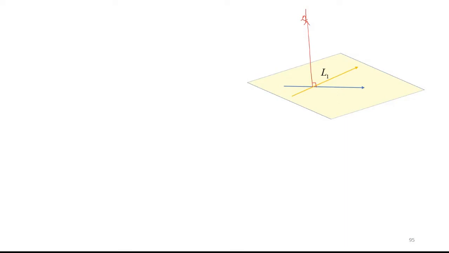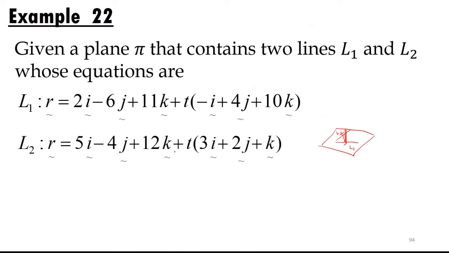L1 tadi ada (2, -6, 11) dan yang belakang dia ada (-1, 4, 10). L2 ada (5, -4, 12) dan yang belakang ada (3, 2, 1). Mana satu yang you nak cross kan?